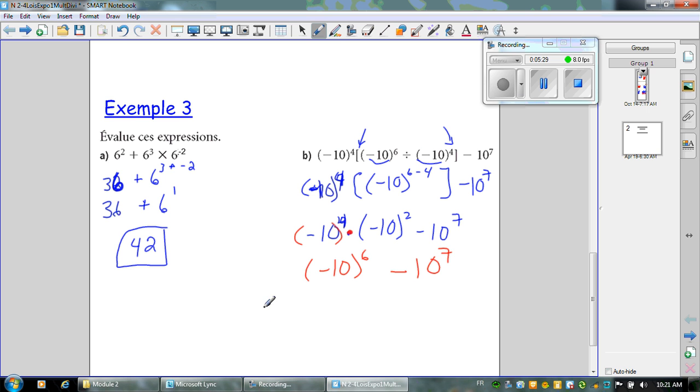And I just basically have 1 with 6 zeros. And I have to subtract 1 with 7 zeros. So what's the difference between these two?